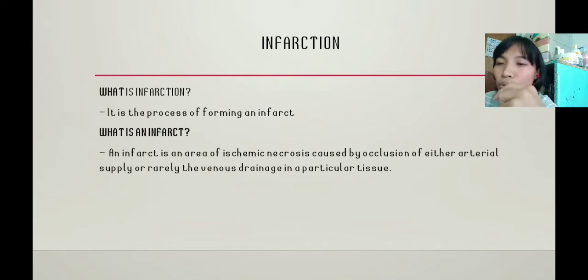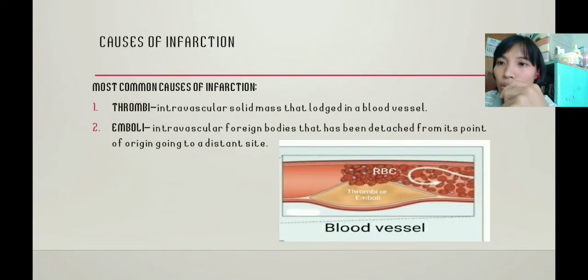So ischemic necrosis means cell death caused by diminished or reduced blood supply. And that area where an ischemic necrosis is present is called infarct. So we have here a diagram of a blood vessel.